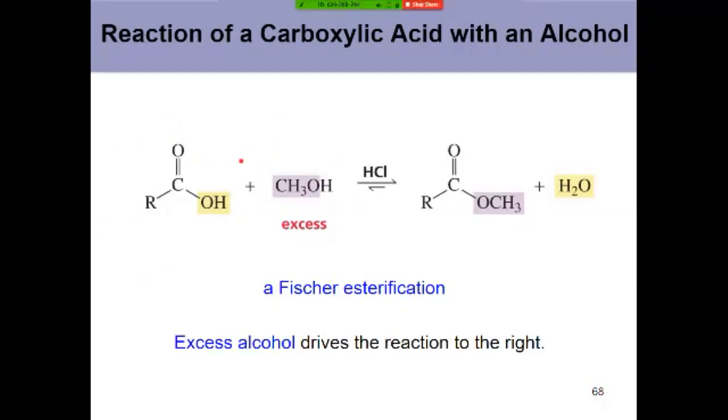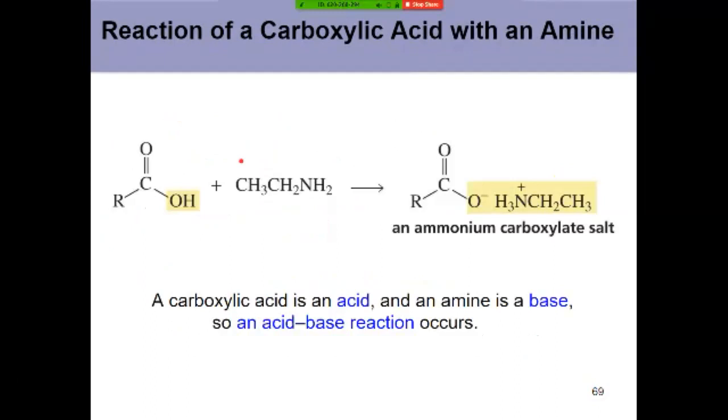We can also take carboxylic acids and react them with amines. At first glance, you might predict that the reaction of a carboxylic acid and an amine would form an amide. But actually, the first thing that we get is an acid-base reaction. Our carboxylic acid group donates a proton, acting as an acid, to our amine, which is acting as a base.